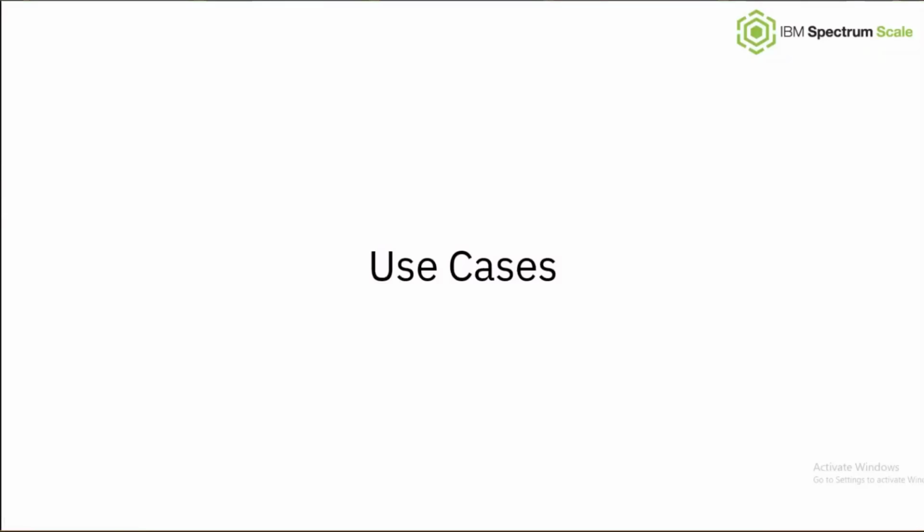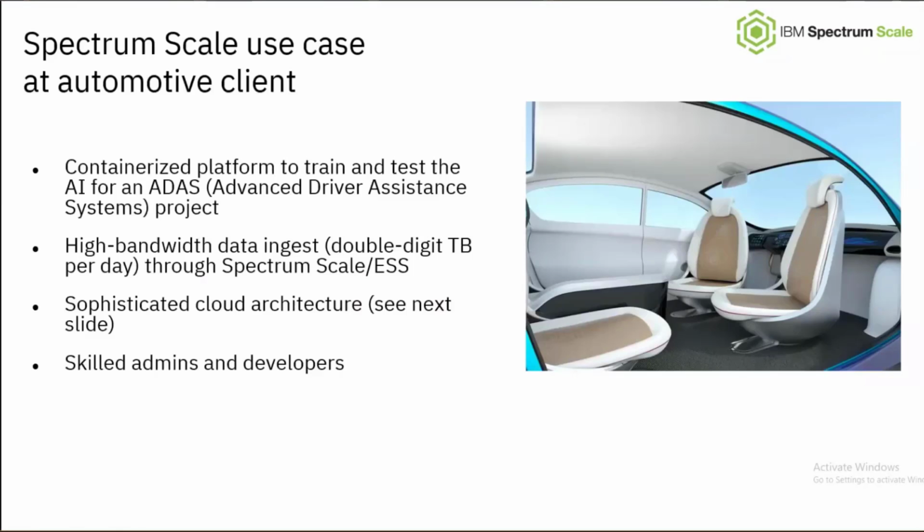We did work, for example, with an automotive client on one of these quite interesting advanced driver assistance systems projects, where the client actually needed to ingest with very high data rates, going back to what Smita mentioned. Spectrum Scale obviously is one solution that is very nicely shaped to handle that workload.